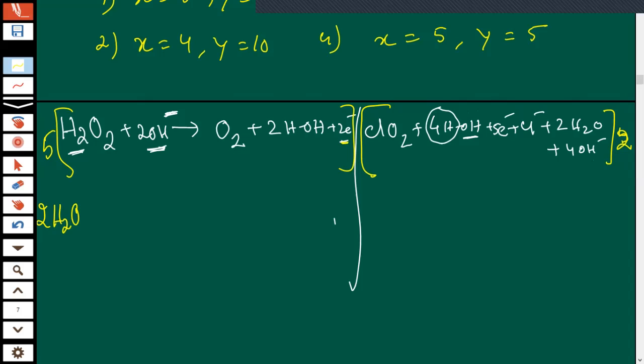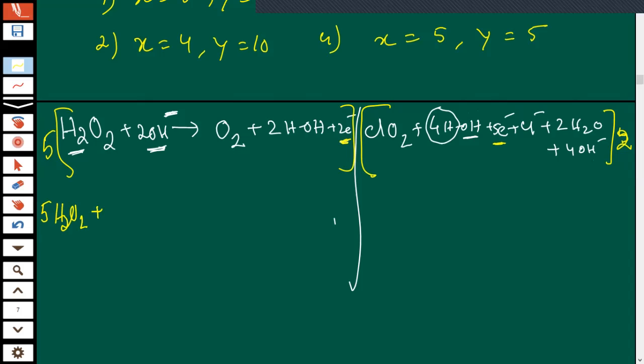The electrons will get cancelled. Did you understand? Cross multiply. Here is 5 electrons, here is 2 electrons. So to make them 10, we will cross multiply, okay? Here by mistake I have written 2. It is 5.